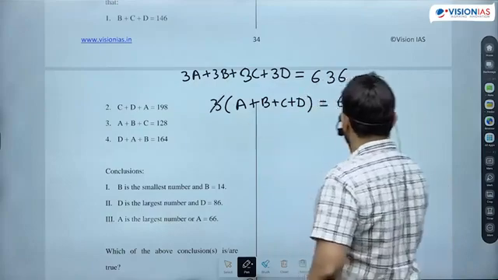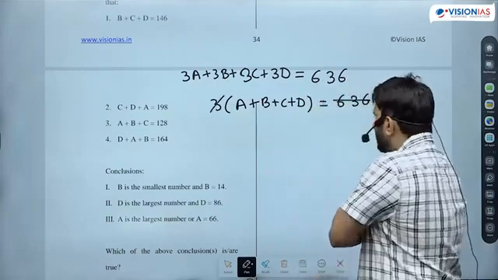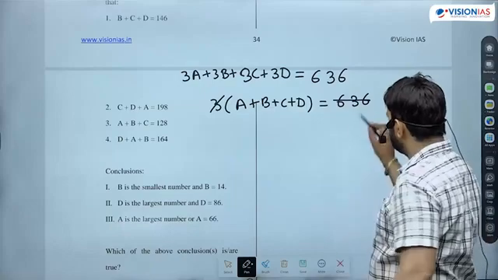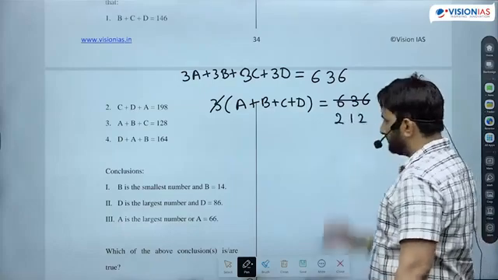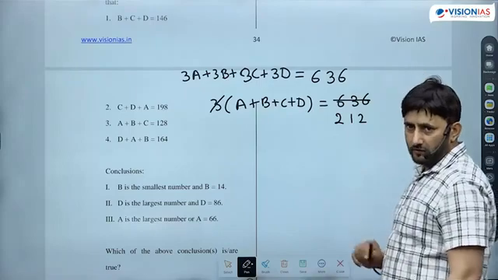We will cancel out by 3. If you cancel out by 3, what you will get? 212. This is the value of sum of all four.